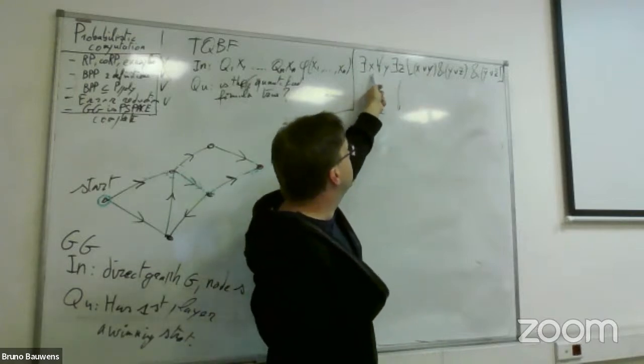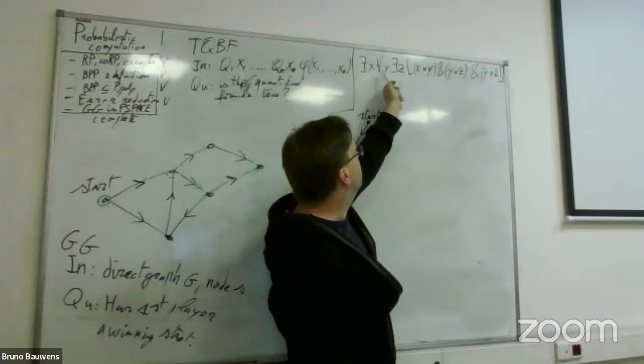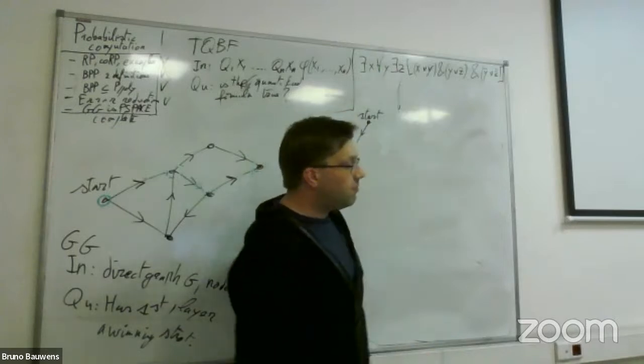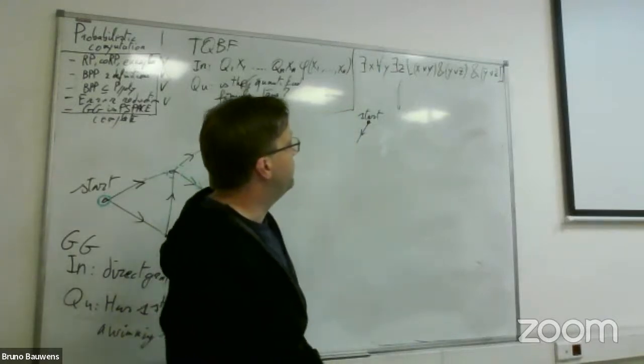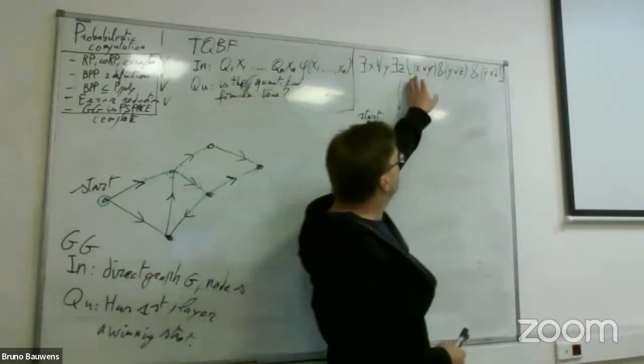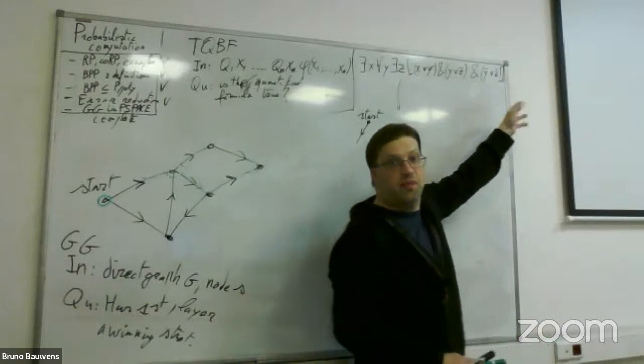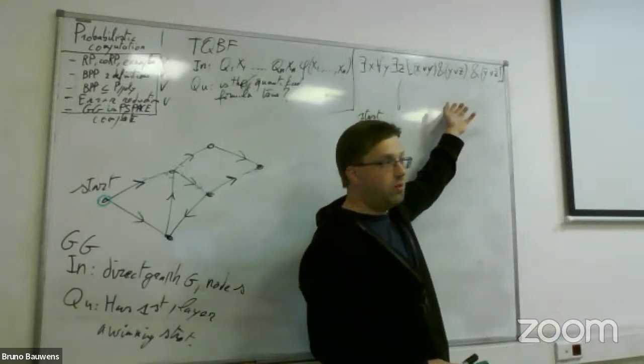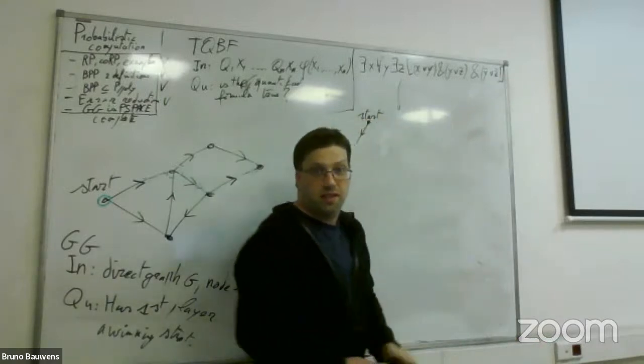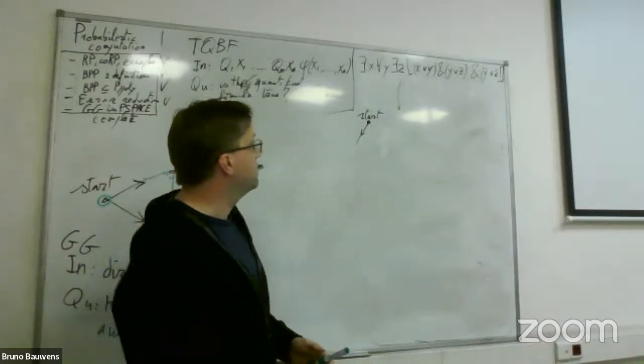The exist player chooses the existentially quantified variables, the other player the universally quantified ones, and the exist player wins if the formula is true for this assignment. He loses if the assignment makes it false.